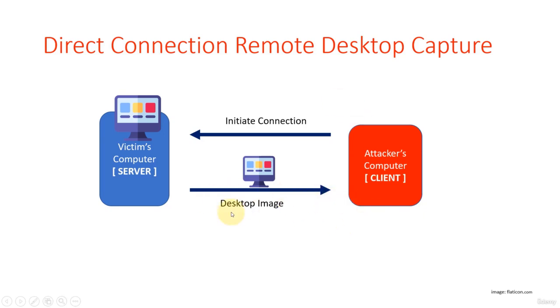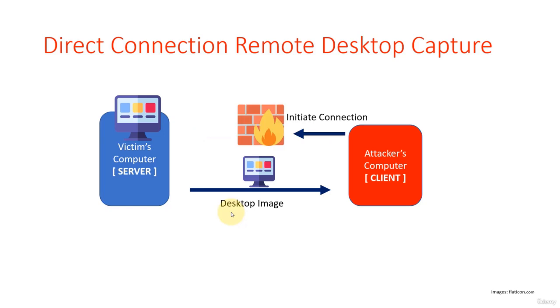Now there is one problem with this. In this direct connection, it will not work if there is a firewall. For example, if the attacker's computer is not in the same local area network, not on the same network segment as the victim's computer.